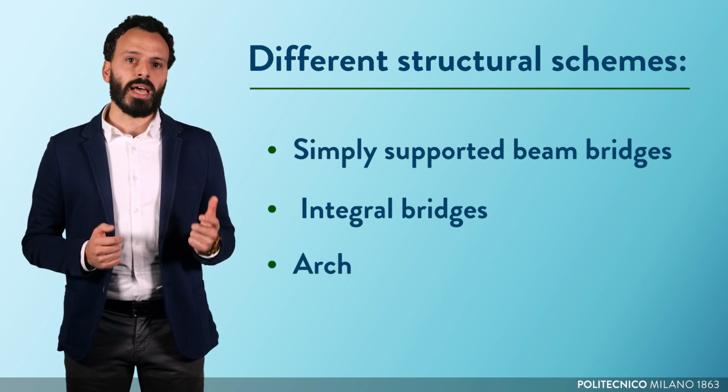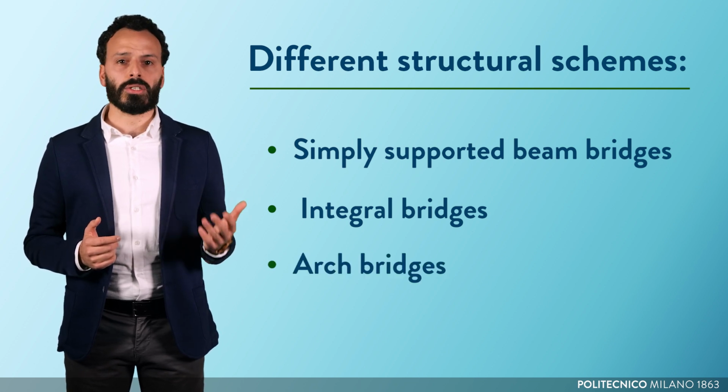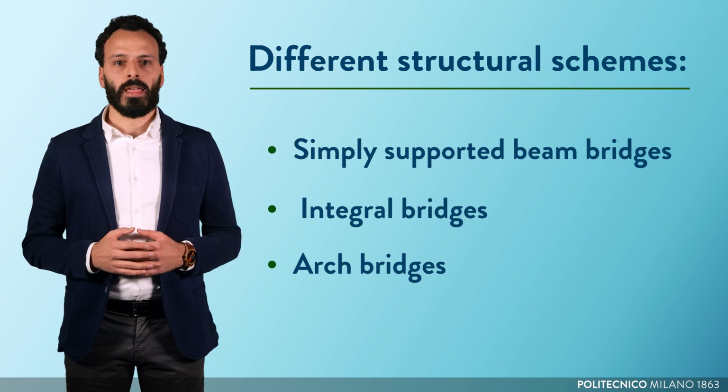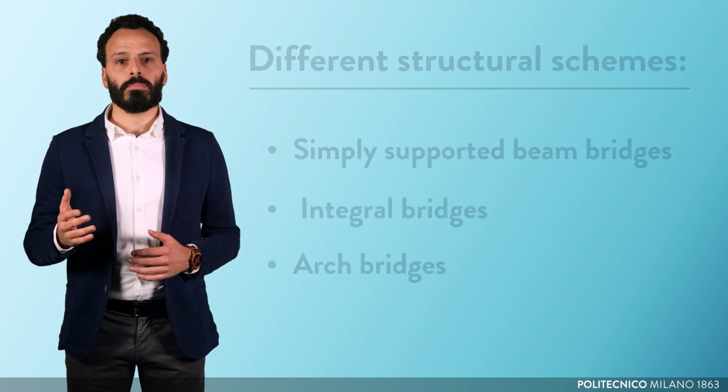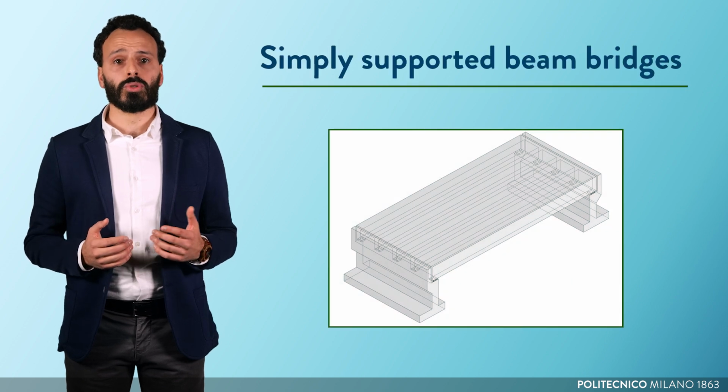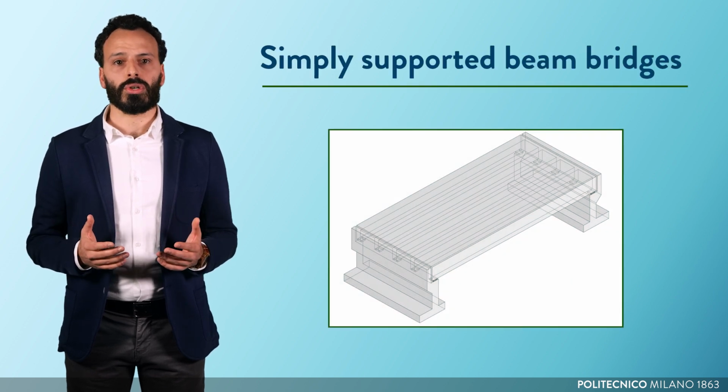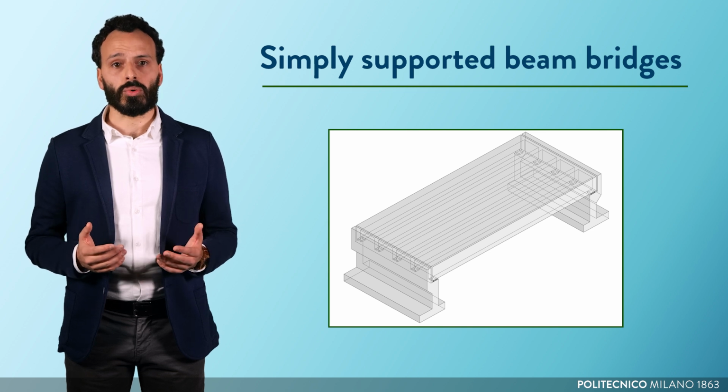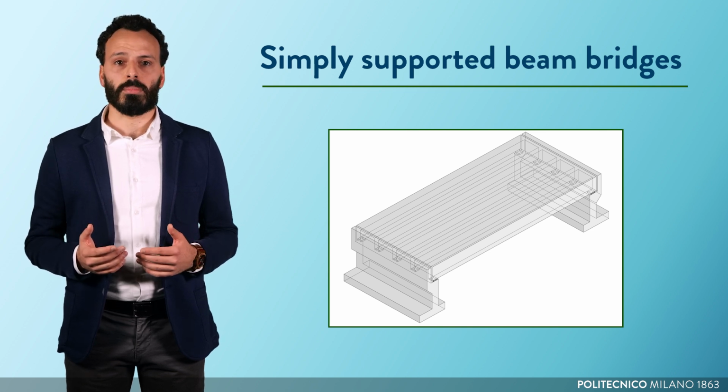Other solutions, such as arch bridges, are generally suitable for longer spans, offering excellent structural performance. The simply supported beam bridge appears to be a more appropriate solution as it is easier to construct and more cost-effective in rural, resource-constrained environments.